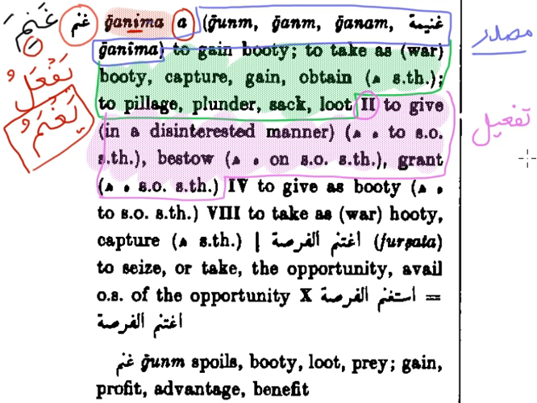Therefore if we were to say ghanama, remember bab taf'il, so ghanama yughannimu, it means to give in a disinterested manner. And then after that it has these symbols which I'll explain. It can also mean bestow, and it can also mean grant. So those are the meanings of that word.